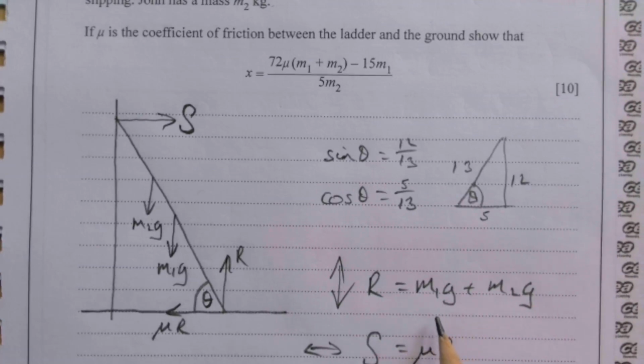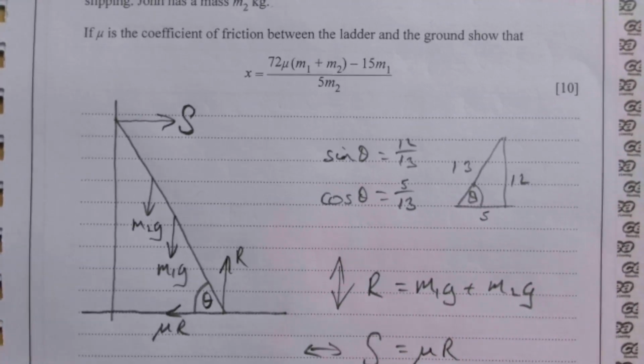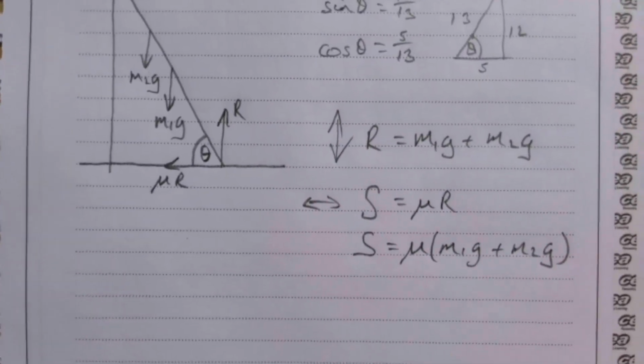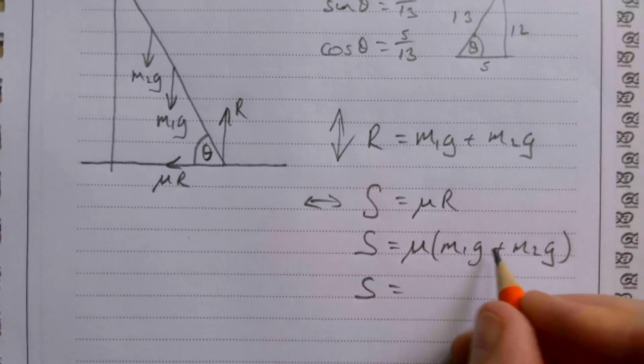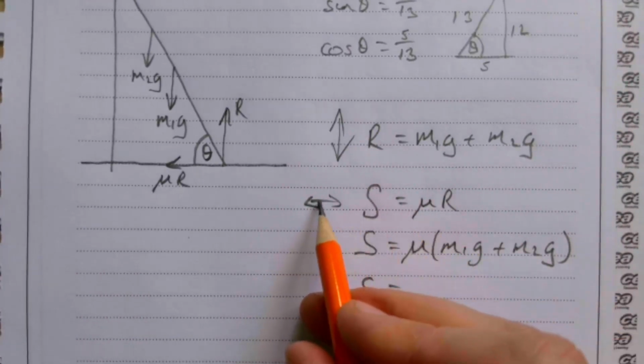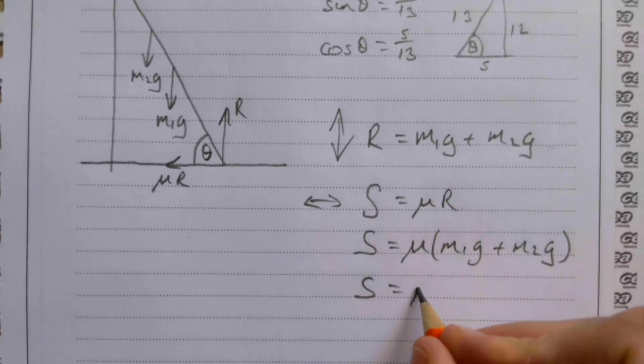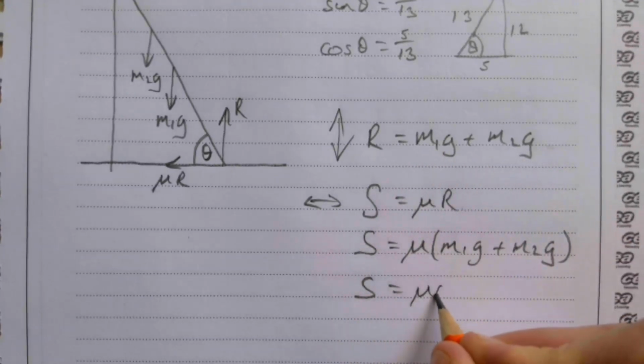It might make our life easier at some stage. So my S then is mu times m1g plus m2g. Notice there's a common g, so we could then rewrite it as mu g times m1 plus m2.